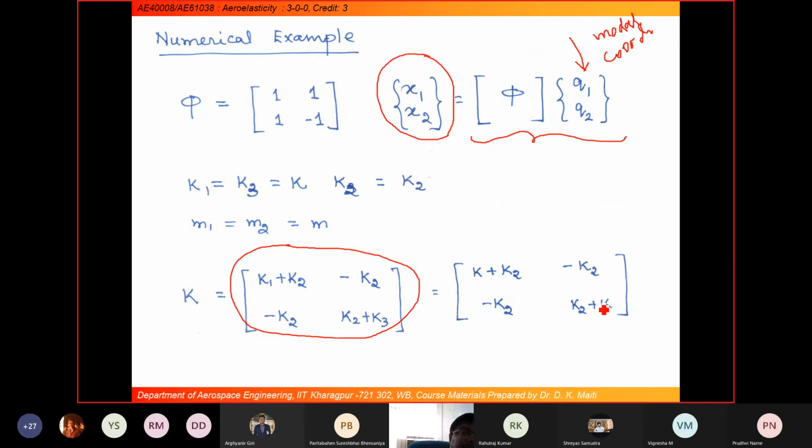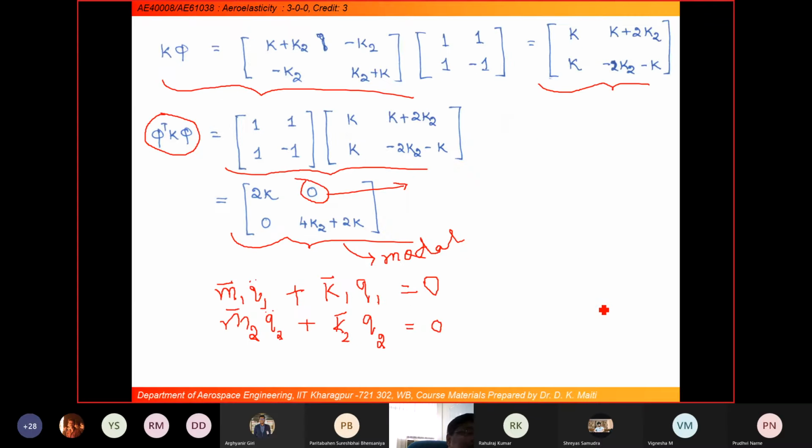Whereas after transformation, the two equations in modal coordinates are uncoupled. That means if I excite Q1, Q2 will not be excited, only Q1 will be, because after modal transformation these two equations are uncoupled. Is it clear now?